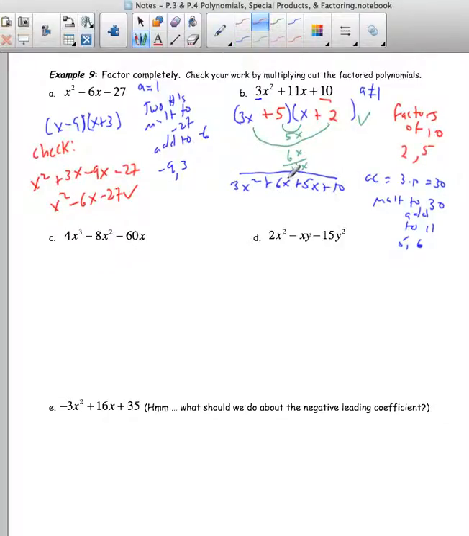Then I'm going to group the first 2 terms and group the last 2 terms, and take out the greatest common factor from each set. For the first 2 terms I'm going to factor out a 3x, leaving me with x plus 2. For the last 2 terms I'm going to take out the greatest common factor, which is a 5, leaving me with x plus 2.